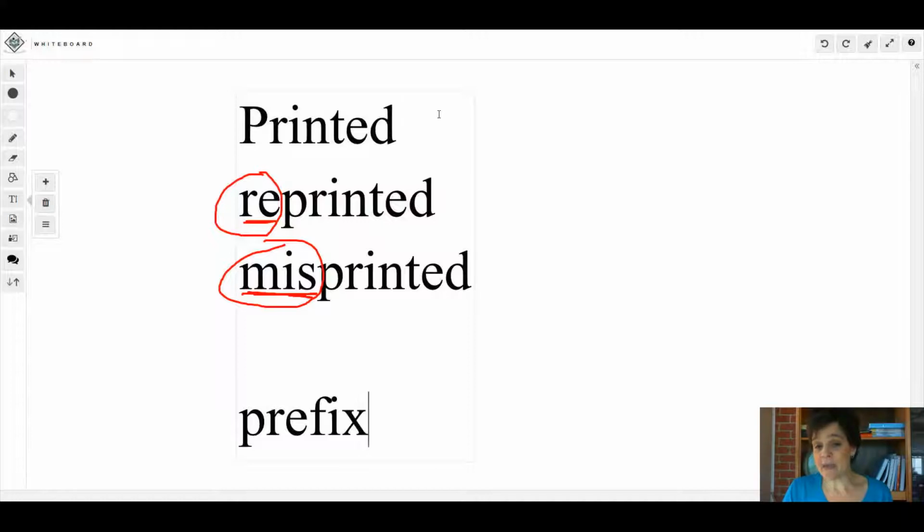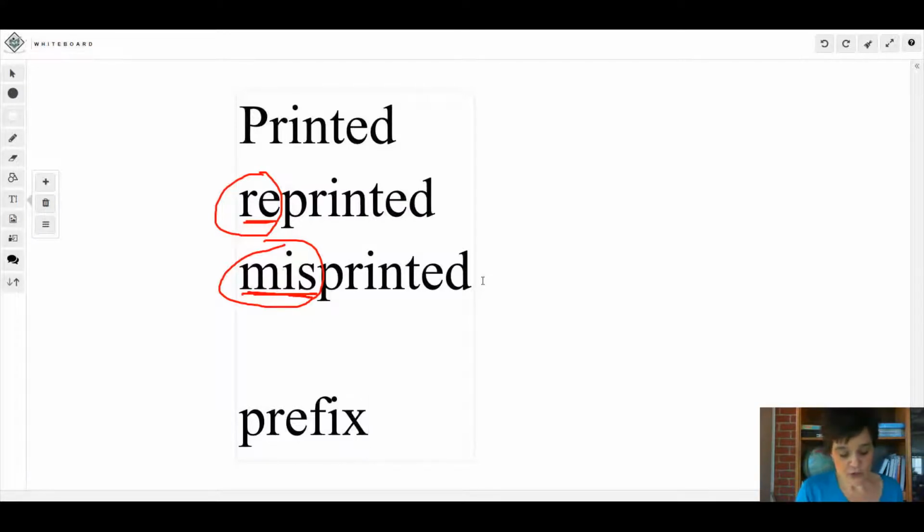So printed means that you wrote something down or you printed it out on your computer printer, and reprinted means that you did it again. Misprinted means you made a mistake. So these prefixes are added to the beginning, because prefix means at the beginning, added to the beginning of these base words to change the meaning.